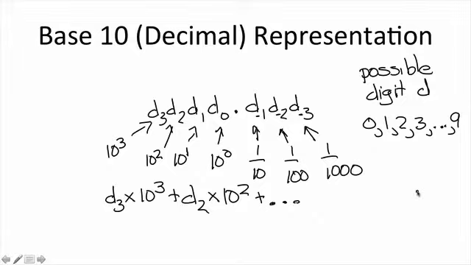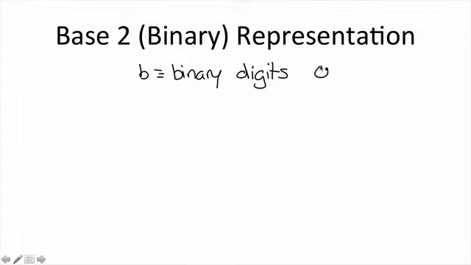Okay, let's talk now about base 2 representation. So in base 2 or binary representation, suppose you had 8 digits to represent your number, and all of those digits were binary digits. So B is going to be a binary digit, and the binary digits are either 0 or 1.